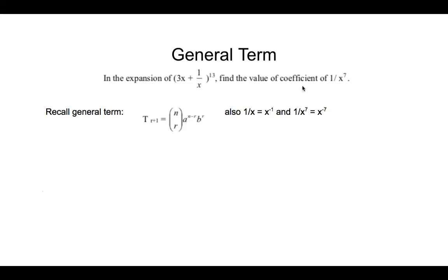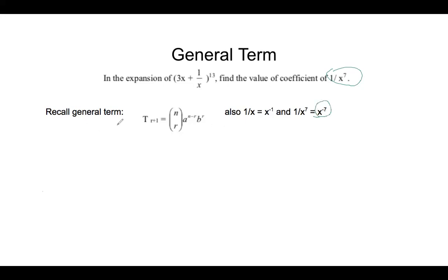And notice that here in the expression, it was 1 over x power 7. So first thing we take note, 1 over x power 7 actually equals x power negative 7.